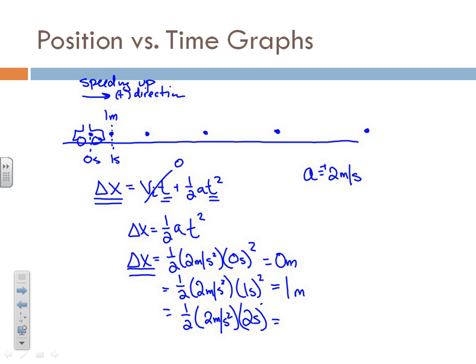Two squared is 4, times 2 is 8, times 1/2 is 4. So at 2 seconds, we're at 4 meters. And if you're noticing a pattern here, at 3 seconds it'll be at 9 meters, at 4 seconds it'll be at 16 meters, and at 5 seconds it'll be at 25 meters.